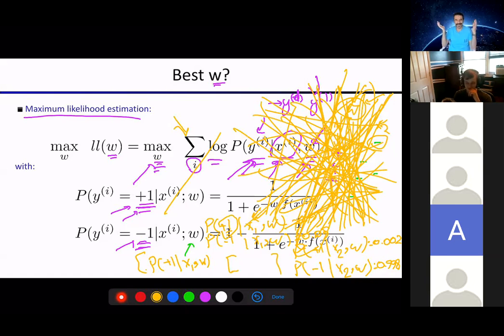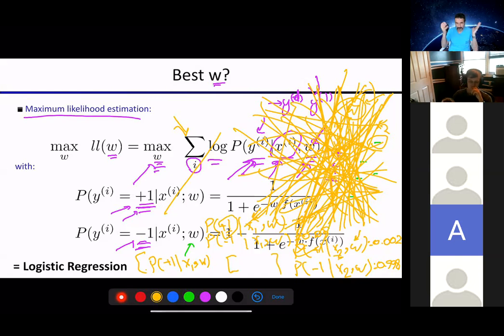Obviously this is not the way you want to do it, but it is one way to make sense of it. You go over all possible W because this is your variable. These are fixed, and you know the correct label, and you want to maximize this likelihood.